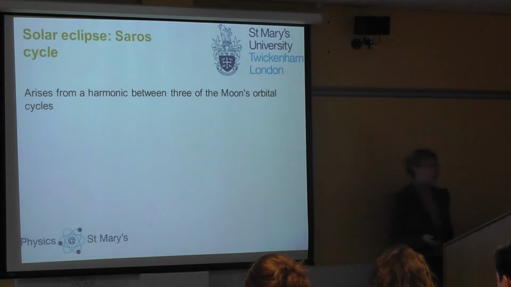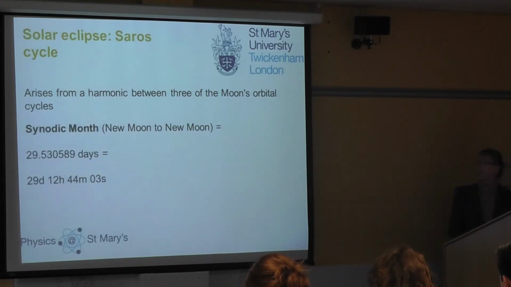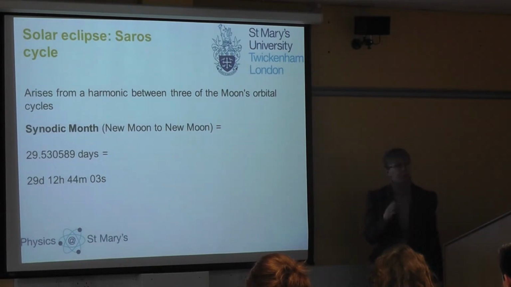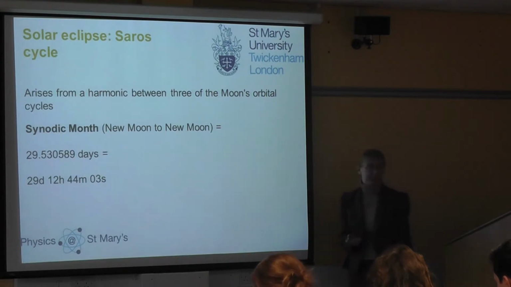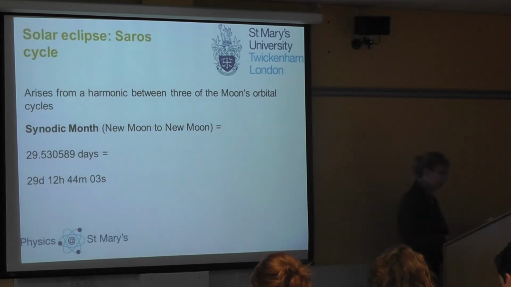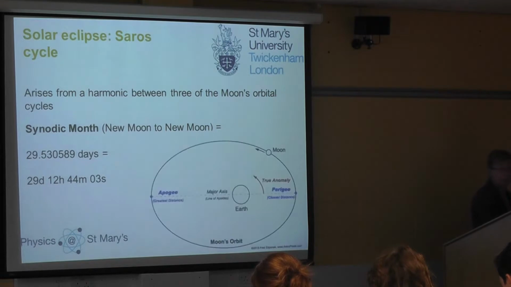So the three cycles are the following. We have the synodic month, which goes from new moon to new moon. It lasts for about 29.5 days.